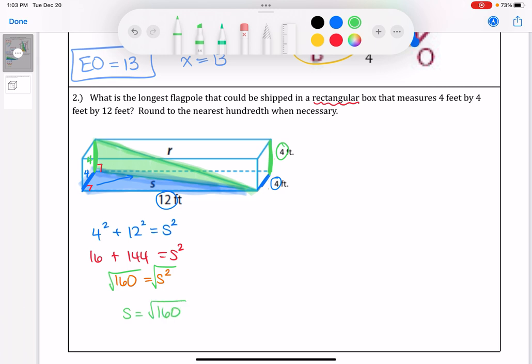Now in this chapter, in this unit, we've been really focusing on simplifying radicals, right? However, be careful here. It says round to the nearest hundredth when necessary. So I'm not going to have to simplify my radical because I'm going to end up rounding in the end, right? So I don't need simplified radicals if they're okay with me rounding. However, if I round right now, I'm going to have to plug that number in and do a whole Pythagorean theorem afterwards.